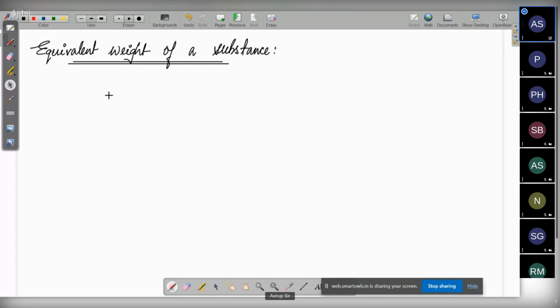However, if you have to write the definition in an examination, you have to write a standard definition, and that is a huge definition which will cover an entire page. So I am not writing that definition because we don't need the exact theoretical definition for examination purposes. You just remember that equivalent weight is how much amount of the substance is reacting in a single step.